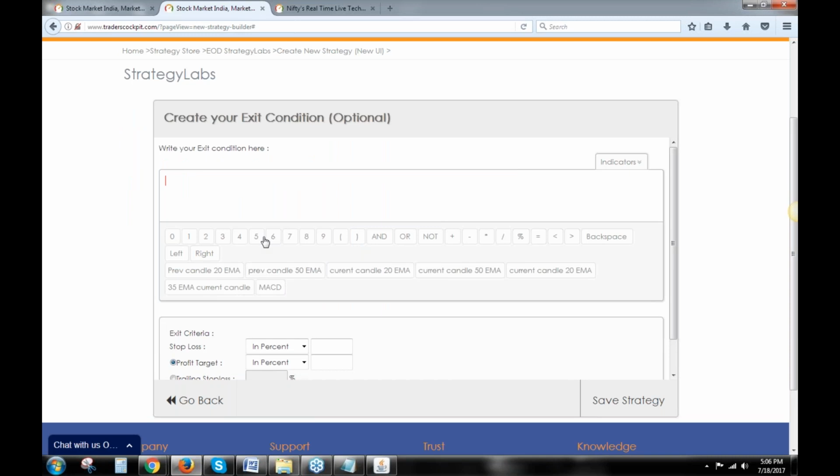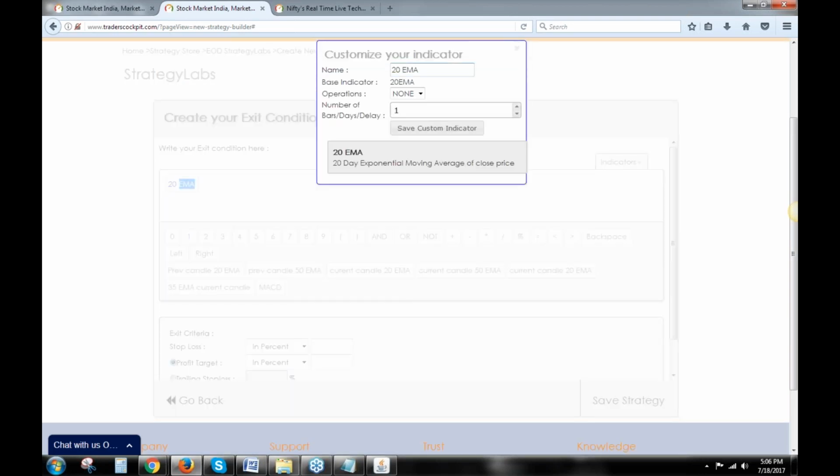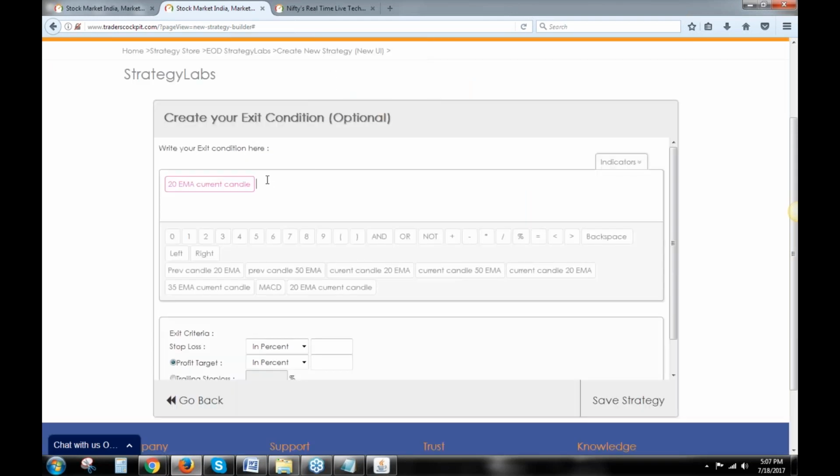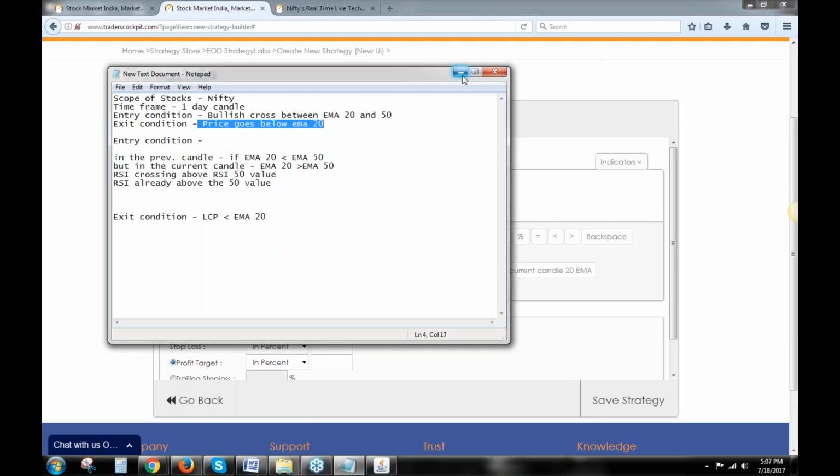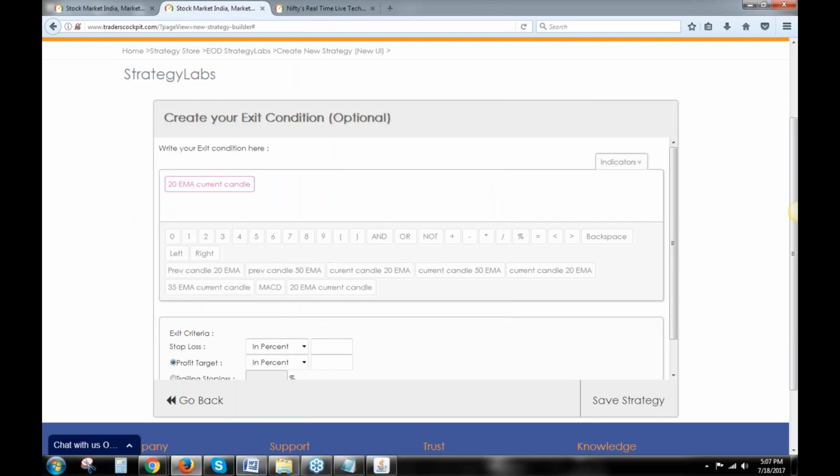Now for the exit, let's define the rule here. We are taking the EMA 20 value of the current candle. The price goes below EMA 20, that is, price should be lesser than EMA 20.